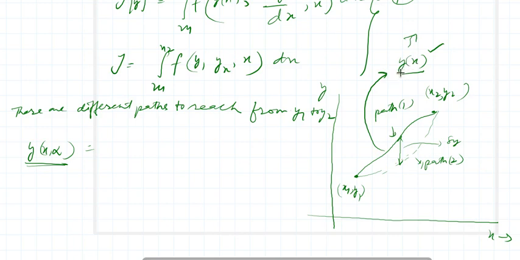And for this path, for the extremum path, let me re-express it in this form: y(x, 0). Rather than y(x), I am writing it as y(x, 0). Means for this path, alpha will be 0. This should be the actual path out of the so many paths. So I am writing it as y(x, 0) plus another function of x multiplied by alpha.